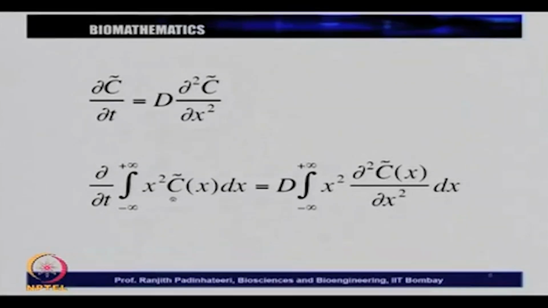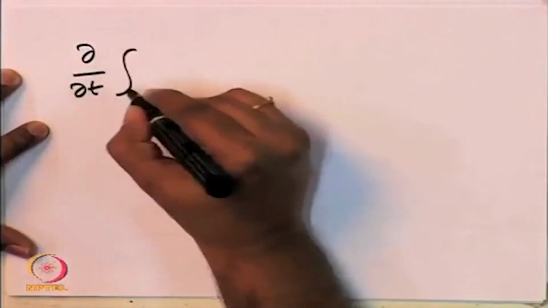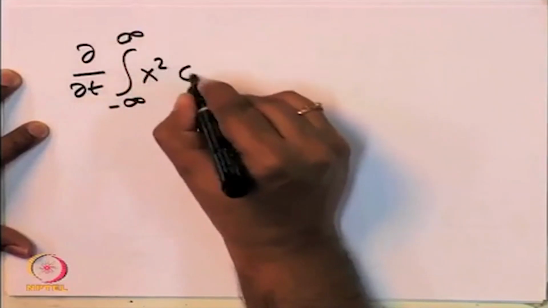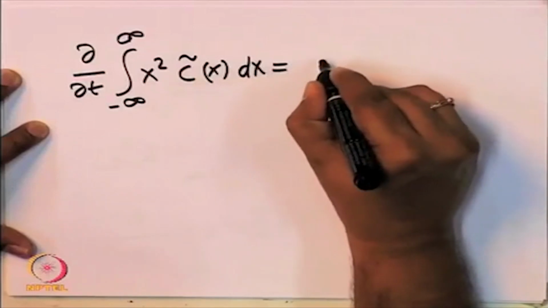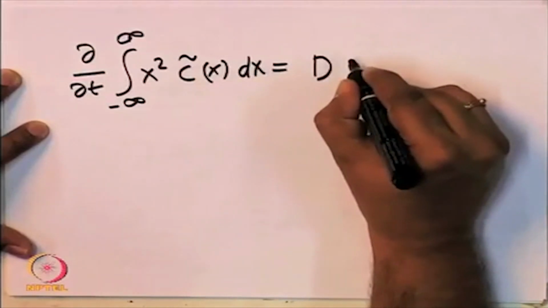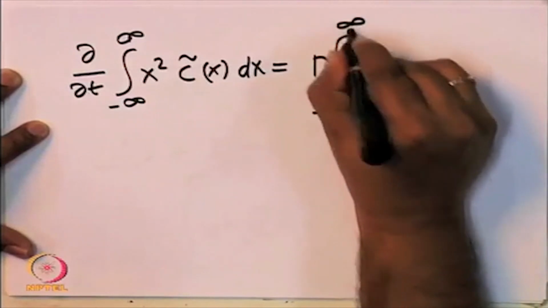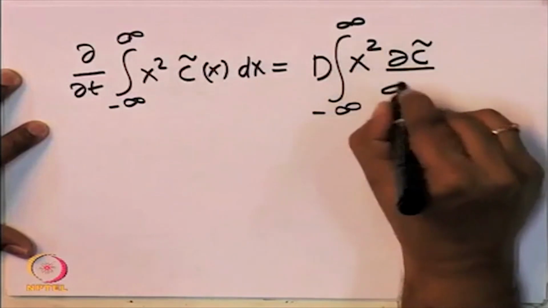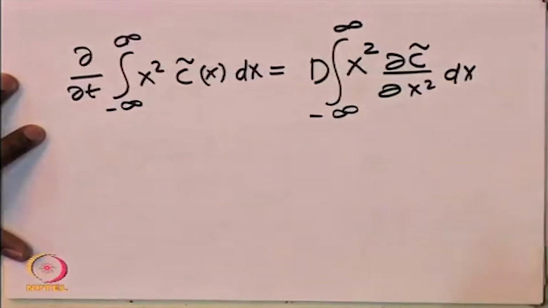So, we had del by del t of the integral from minus infinity to infinity of x square c tilde of x dx is equal to D into the integral from minus infinity to infinity of x square del square c tilde by del x square dx. This is what we have.